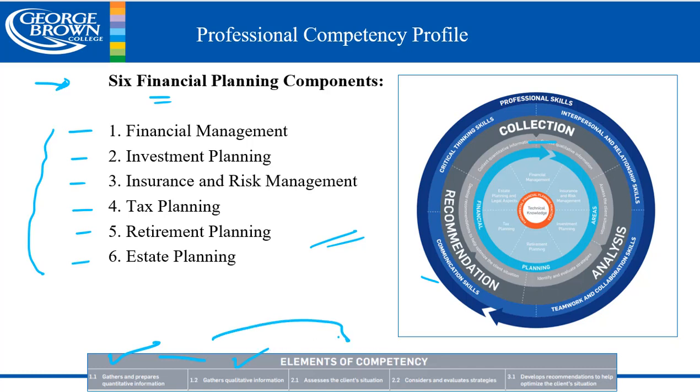From that collection phase, we move into the analysis, which is 2 parts. Part number 1 is assesses the client situation. Number 2 is considers and evaluates strategies. And that analysis leads into the recommendation, where we develop recommendations to help optimize the client situation. So we do each of those steps of the process for each of these financial planning areas.